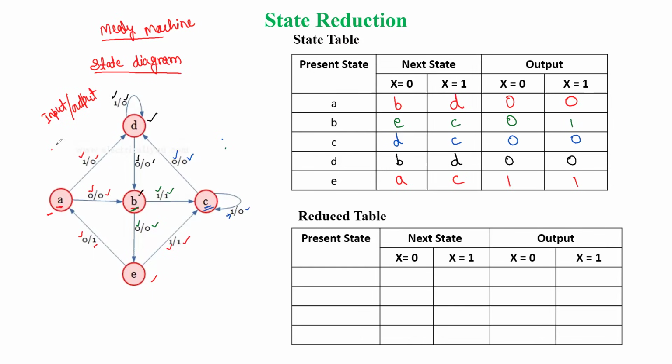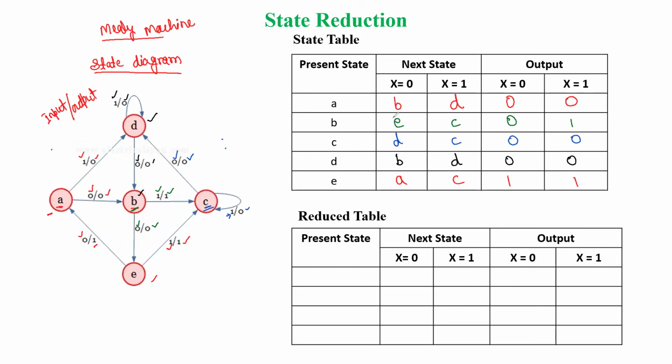Then they will be said to be equivalent states. If two states are equivalent, then we write only one state and ignore the other. So we have to find in this state table which two states we can say are equivalent.